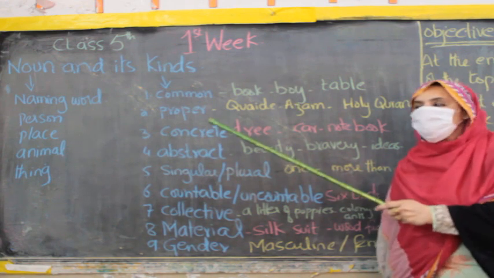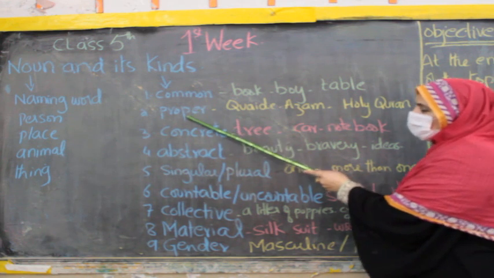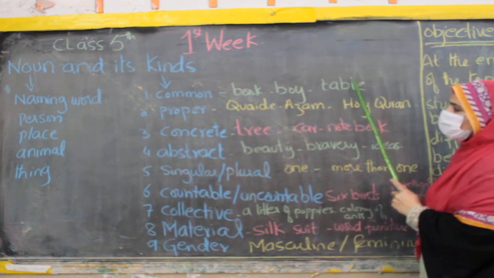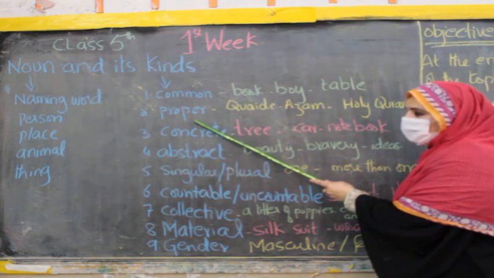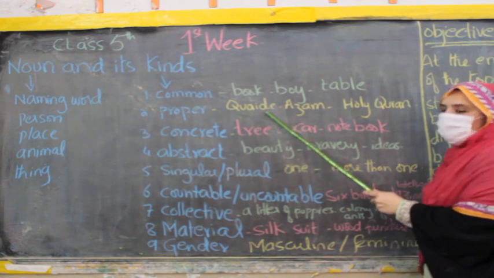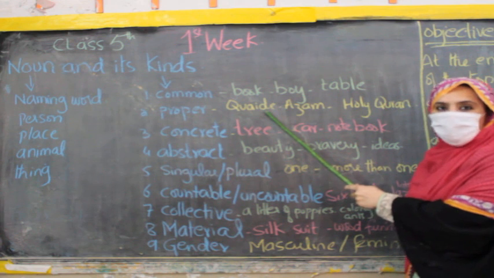Now the difference between the common and proper is that when something becomes special, over here we are talking about general things, but when it comes to proper noun, it becomes special. There are many people, but Qaid-e-Azam among them is a famous personality and he is known all over the world.